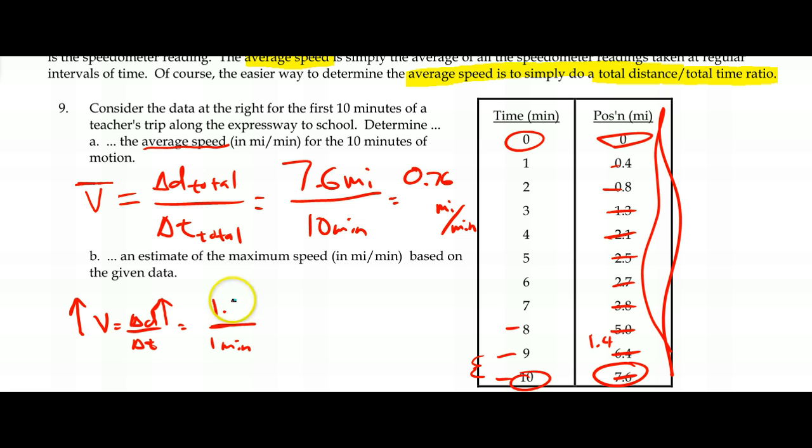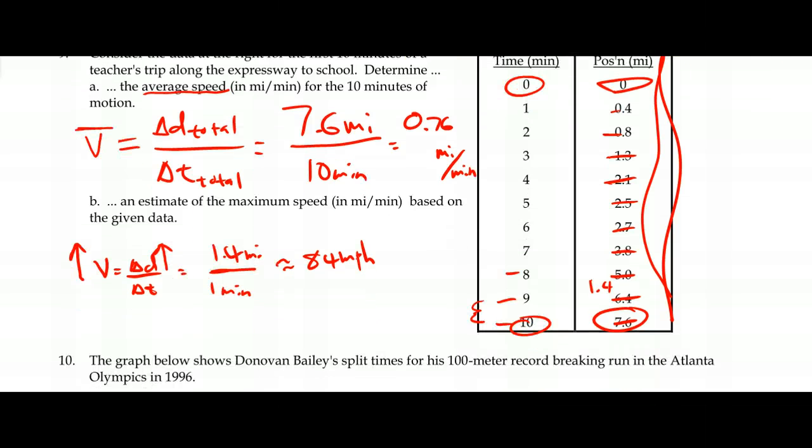So that's 1.4 miles in that 1 minute time. Now if you convert that out, that's approximately 84 miles per hour. So during that 1 minute interval, the average was 84 miles per hour, which of course is beyond most speed limits. So maybe in the far west you could go that fast, but not around here.